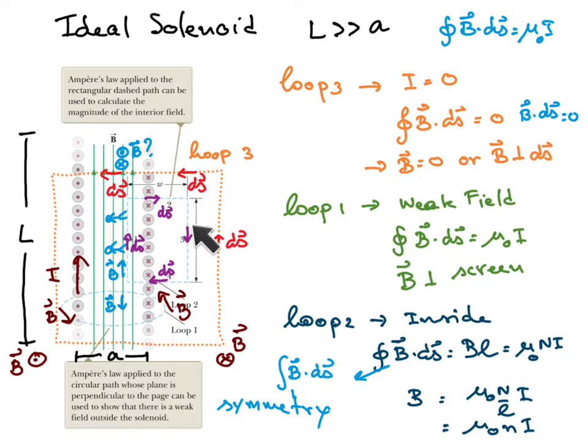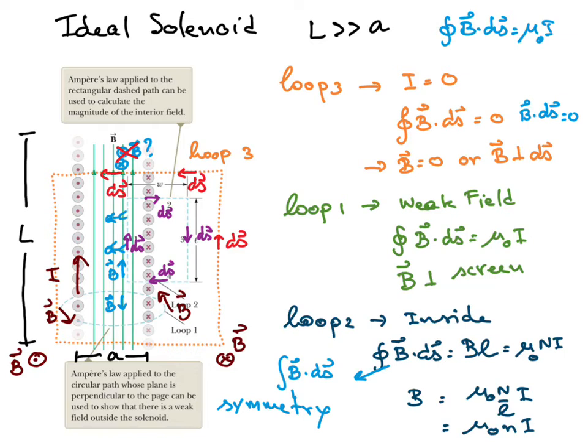Because we know that on loop number 2 we have current passing through the surface that has loop number 2 as a boundary. So the term mu 0 I is not 0. So the magnetic field cannot point in this direction. So this is impossible. The possible way is that we must have this or this.